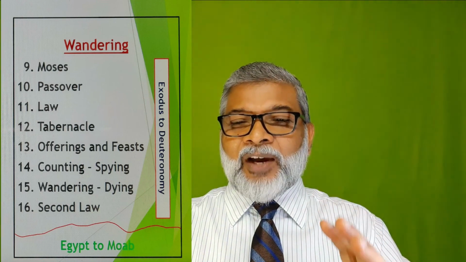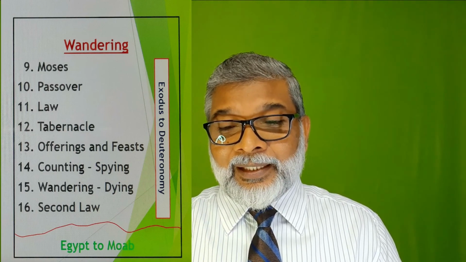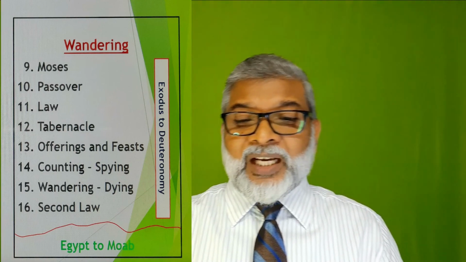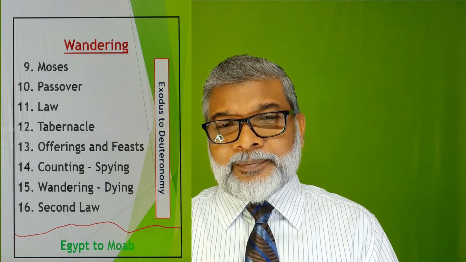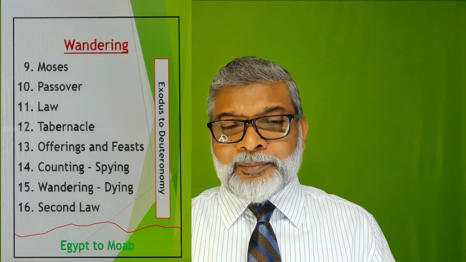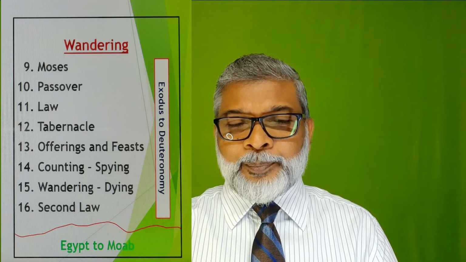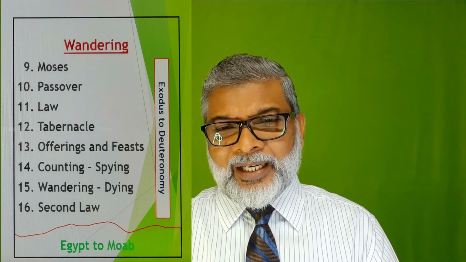And now the five books, when we complete here with the 16 books, start from Egypt to Moab. Up to there we came. Look at that. Genesis, four plus four main steps are there. And 9 to 16, another eight.